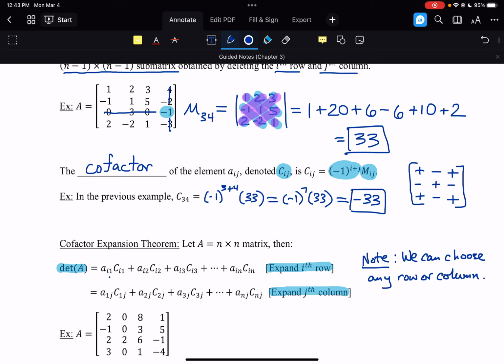Namely, if you're trying to minimize your work on a row or a column like this, the more terms that you can get eliminated from this equation, the better. And so the key to picking better rows or columns is looking for any zeros. So zeros are the key.